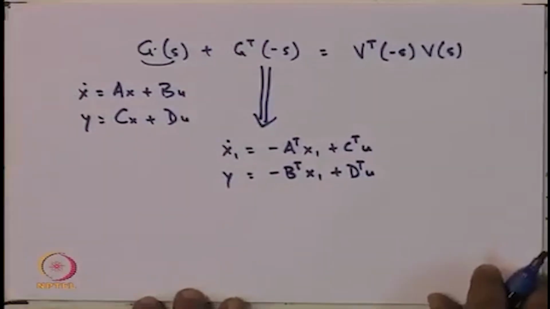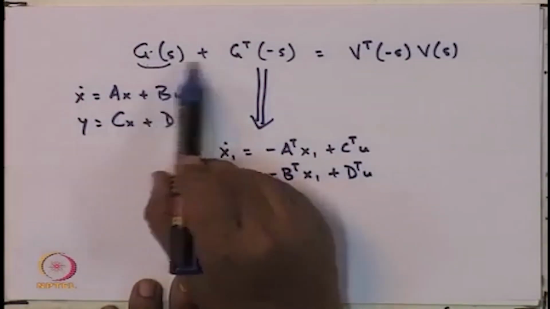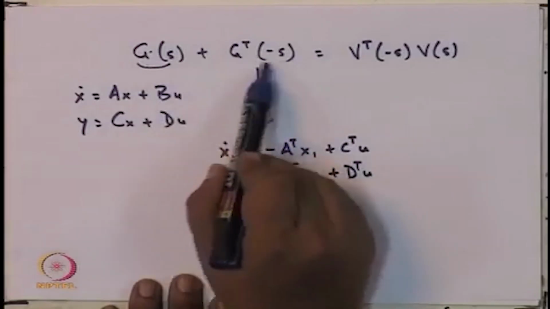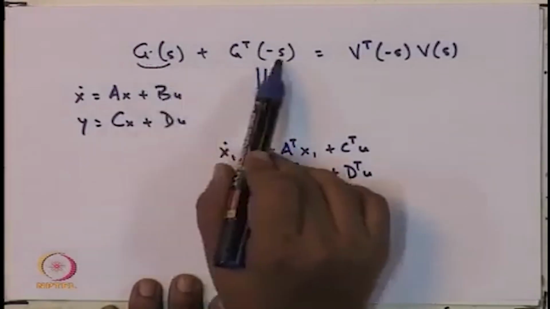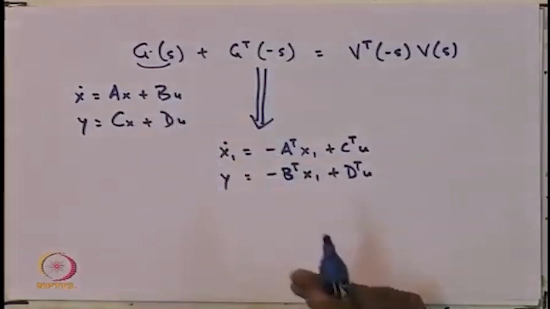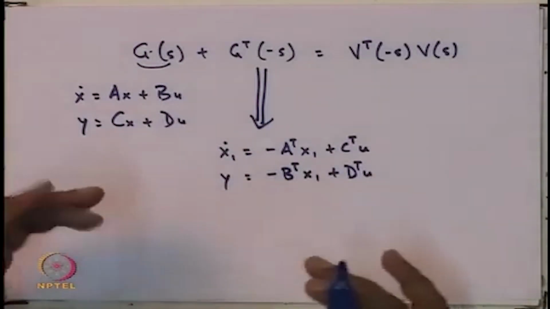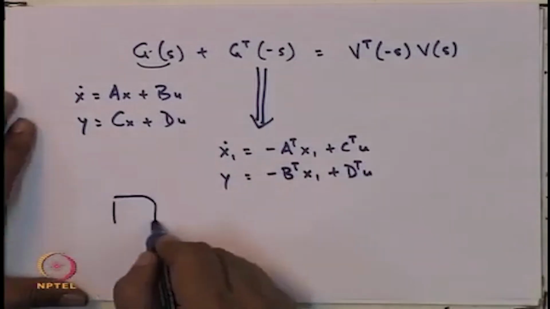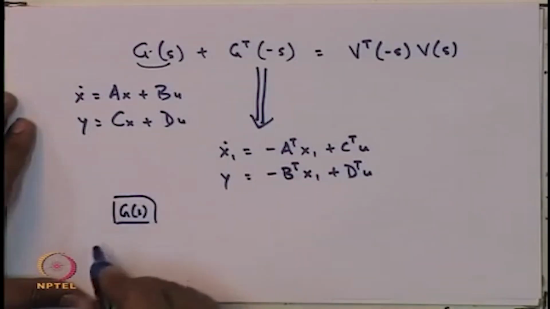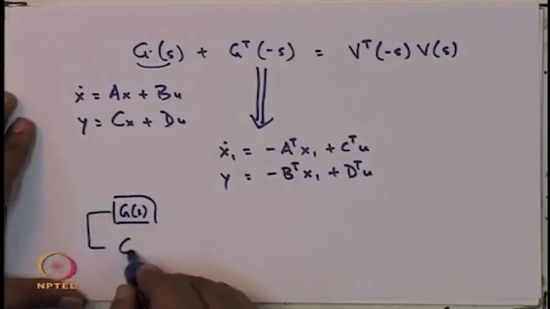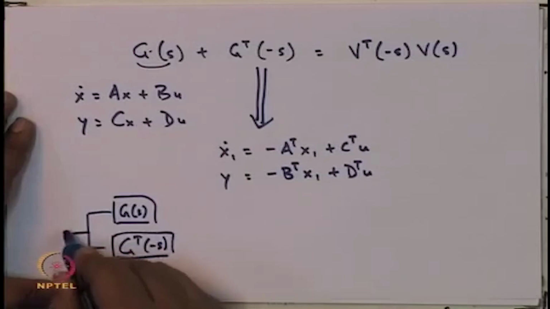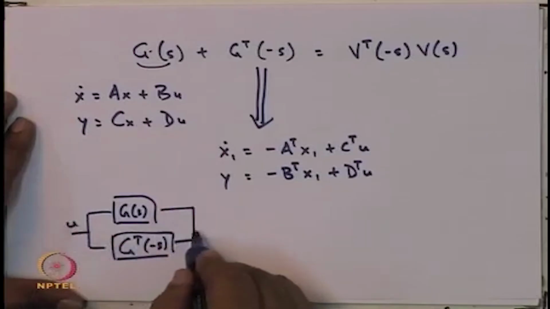Now, here we have G(s) plus G transpose of minus s. It is as if these two transfer functions are adding up, so they are two systems in parallel. You could think of them as this being G of s, this being G transpose of minus s. Here you give u, and here you get y.